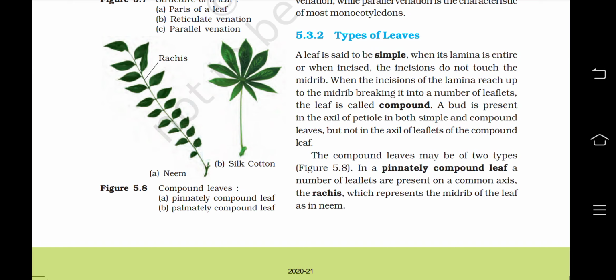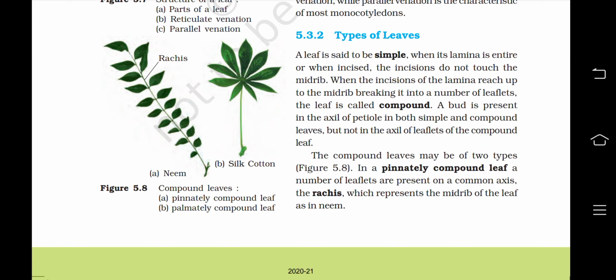The compound leaves may be of two types. In a pinnately compound leaf, a number of leaflets are present on a common axis, the rachis, which represents the midrib of the leaf, as in neem. Figure 5.8, compound leaf: A is a pinnately compound leaf and B is a palmately compound leaf.